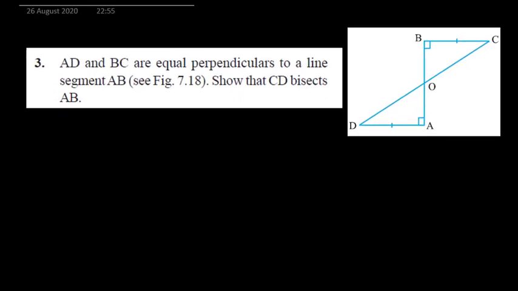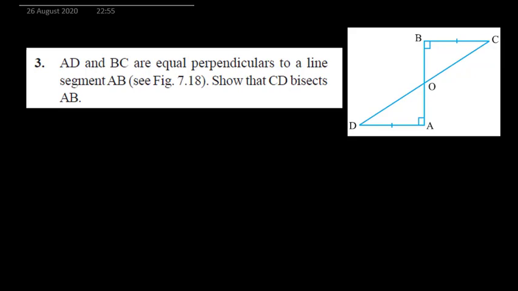So what is given? AD and BC are equal. AD and BC, as shown in the diagram, are equal perpendiculars to the line segment AB. They are perpendiculars. That means angles OBC and OAD are going to be 90 degrees. We have to show that CD bisects AB.